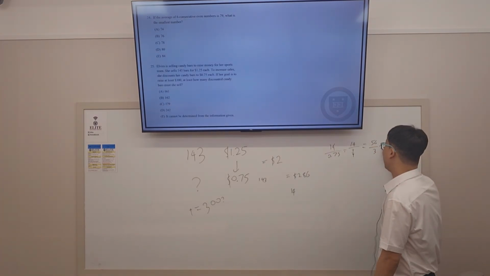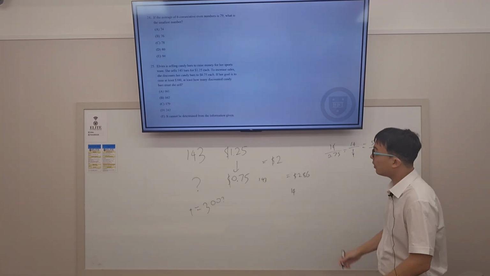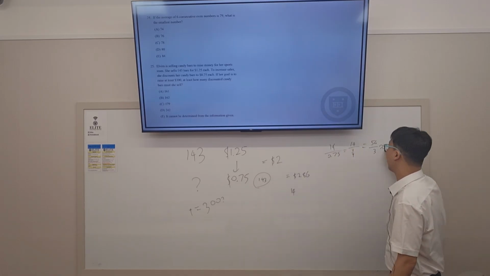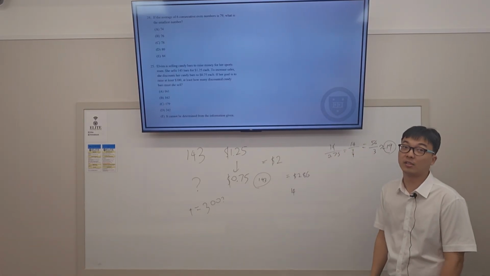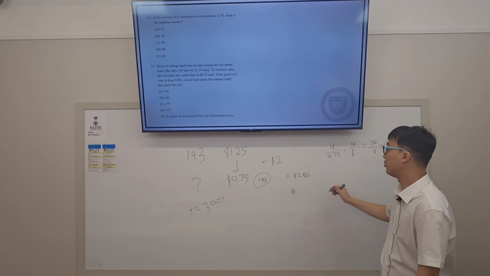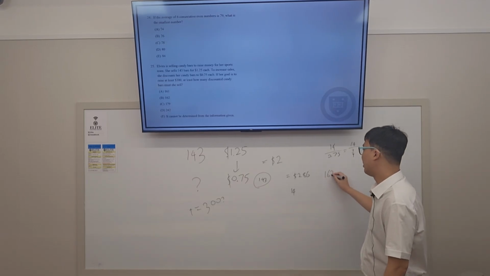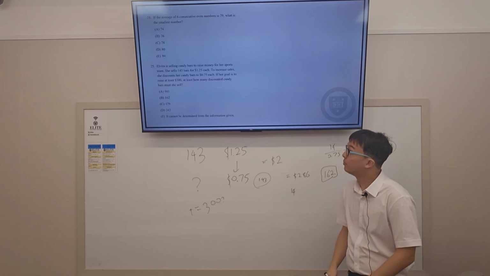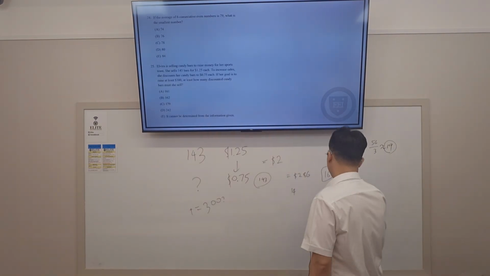Comes out to about 19 extra candy bars. Therefore, we need to sell 143 plus an extra 19 discounted candy bars, so we need 162 discounted candy bars in order to raise $300, which is the answer B.